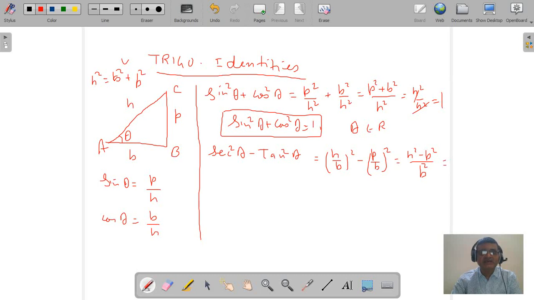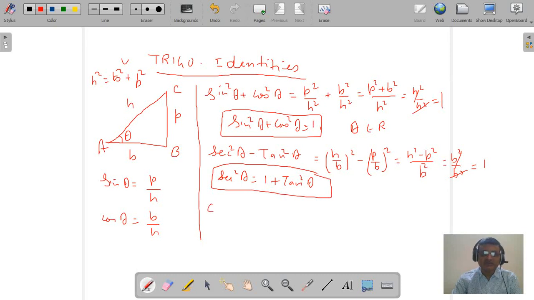So H square minus P square is going to be equal to B square upon B square. This gets cancelled, so this is equal to 1. So we can see that sec square theta is equal to 1 plus tan square theta. So this is another identity which you have to remember while solving the questions.